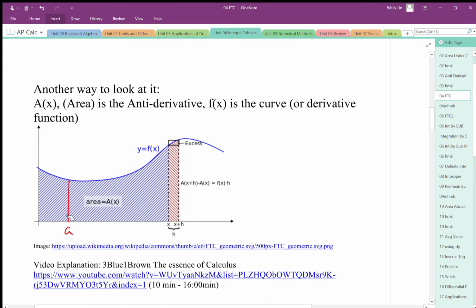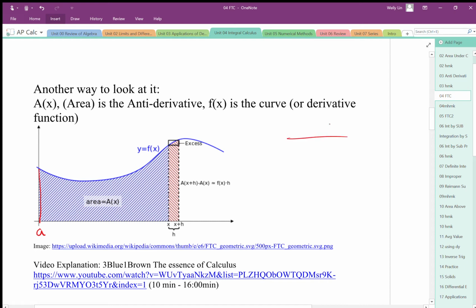And we're going to say that the area function, which we'll call A of x, so that's my area function A of x, that's going to be the area from some arbitrary starting point a, and where it stops is x. And whatever you get for the area, that's our area function.